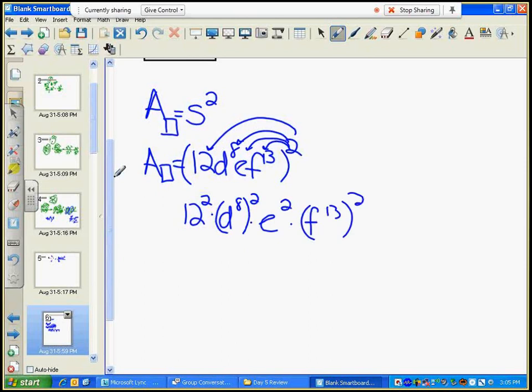Let's do our power to power. 144 times d to the 16th times e squared times f to the, multiplied, 26. And that's my answer.